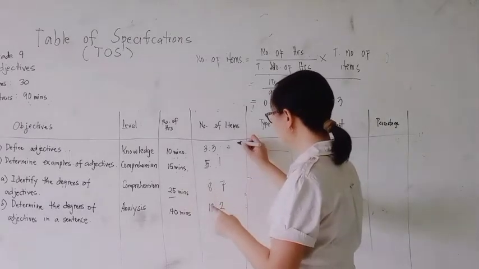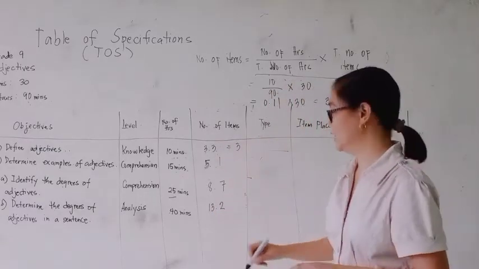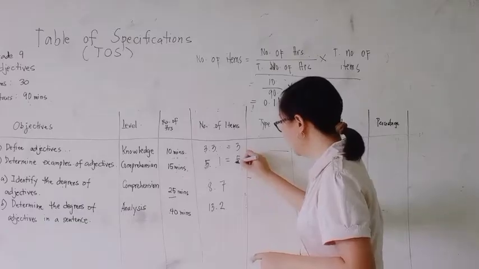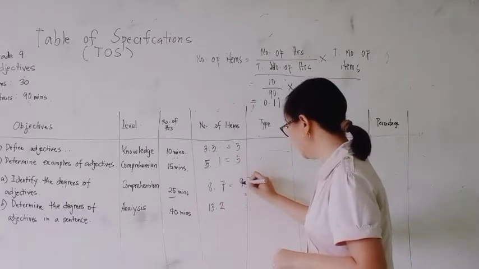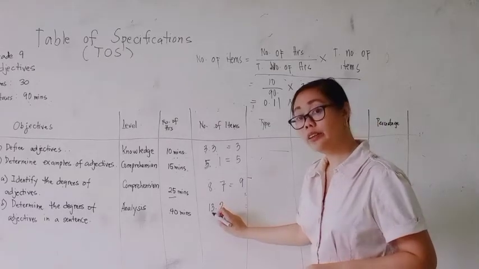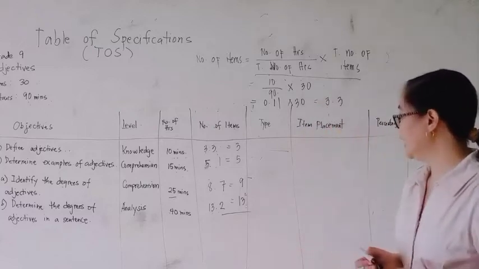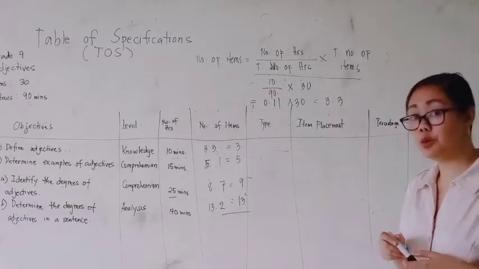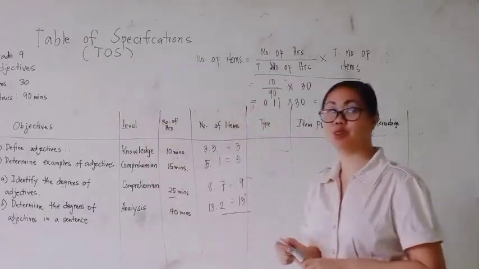Pag i-round off mo, so itong 3.3, 3 items na lang yan. Itong 5.1, 5 items. Itong 8.7, you're gonna have 9. And then, dito kay 13.2, you will just have 13. And then from there, you have to compute kung nagtugma ba na 30 items yung total.